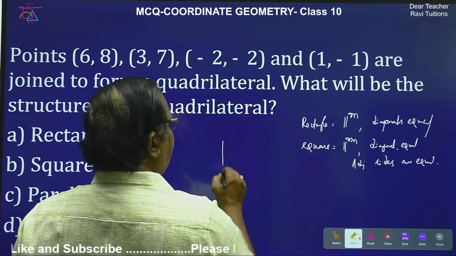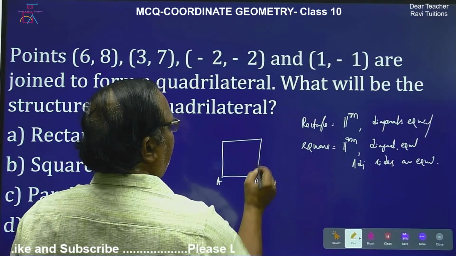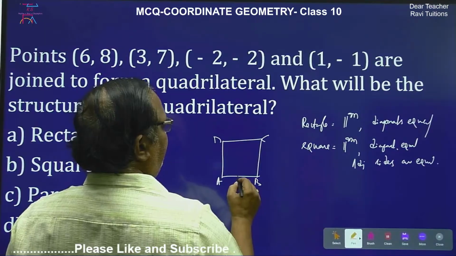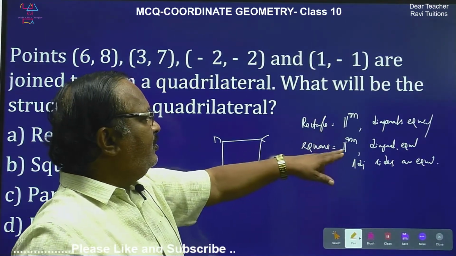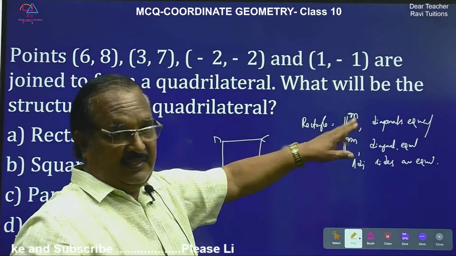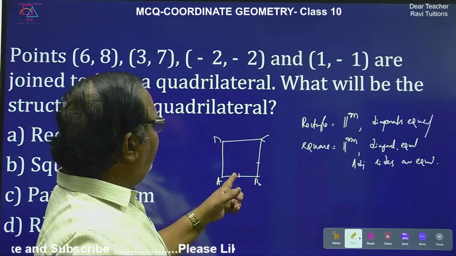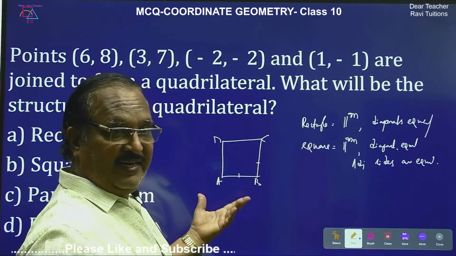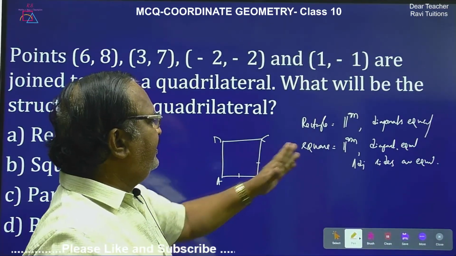How to recognize adjacent sides? AB, BC, CD. AB and BC are adjacent sides. First you prove parallelogram, diagonals bisect each other. Then prove adjacent sides. If they are equal, then it can be a rhombus or it can be a square.